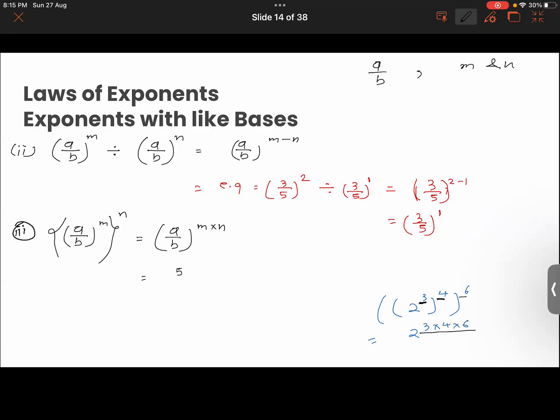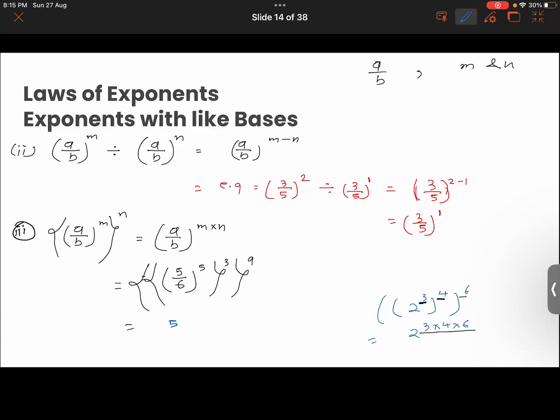So 5 upon 6 raised to the power 5 raised to the power 3 raised to the power 9. How do we write it? 5 3s are 15. 15 multiplied by 9, which is 125. No, 135.